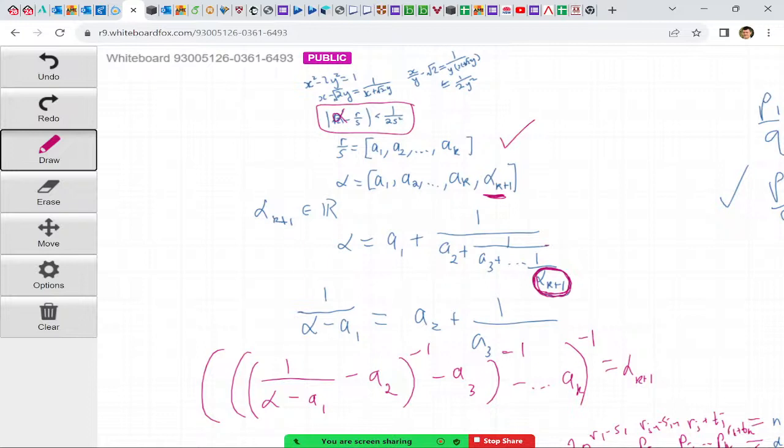Wait a minute. So what do we actually need to show that this is a continued fraction? So we need to show that alpha k plus 1... Do we show that alpha k plus 1 is greater than or equal to 1? Is that what we need to show?